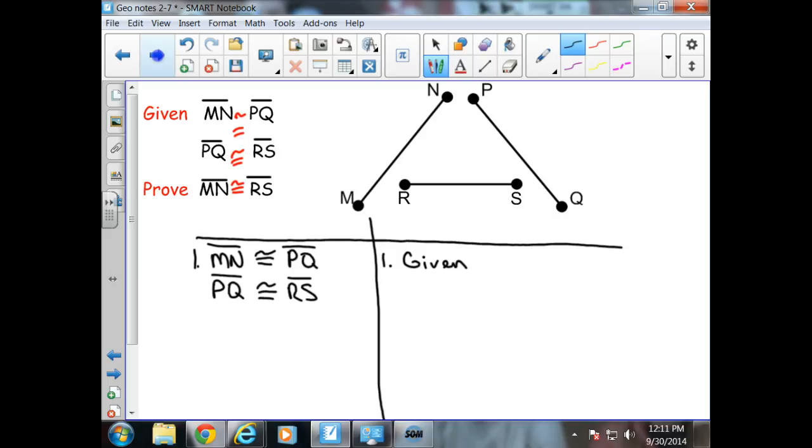So from the definition of congruency, we can change these around. This is just to prove that last theorem that we had. So from the definition of congruency, we can say that MN equals PQ and PQ equals RS.